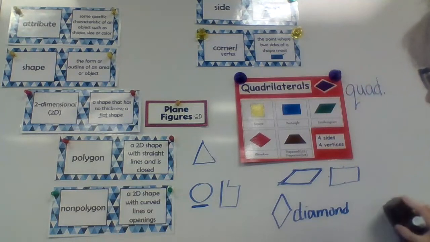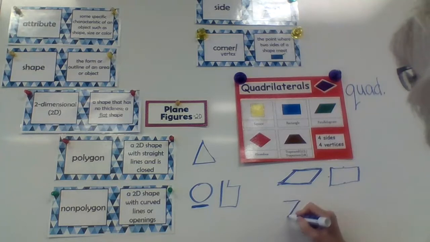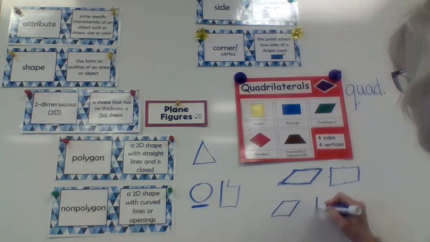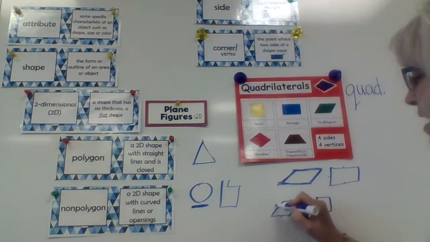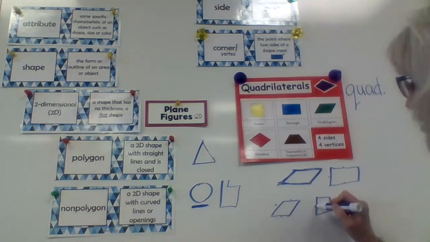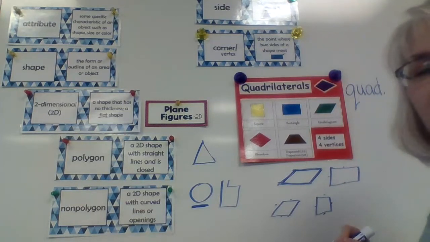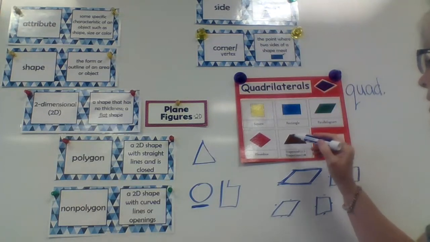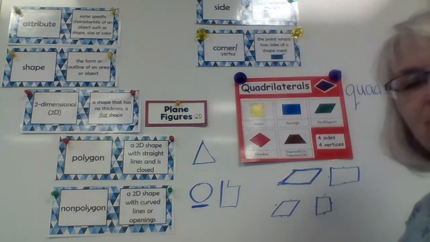Now, a rhombus is also, I think of it as a square with slanted sides. Okay, all sides are going to be the same length. All sides are the same length on a square. And then the last one is the trapezoid. 1, 2, 3, 4 sides, 1, 2, 3, 4 corners, or 4 vertices.